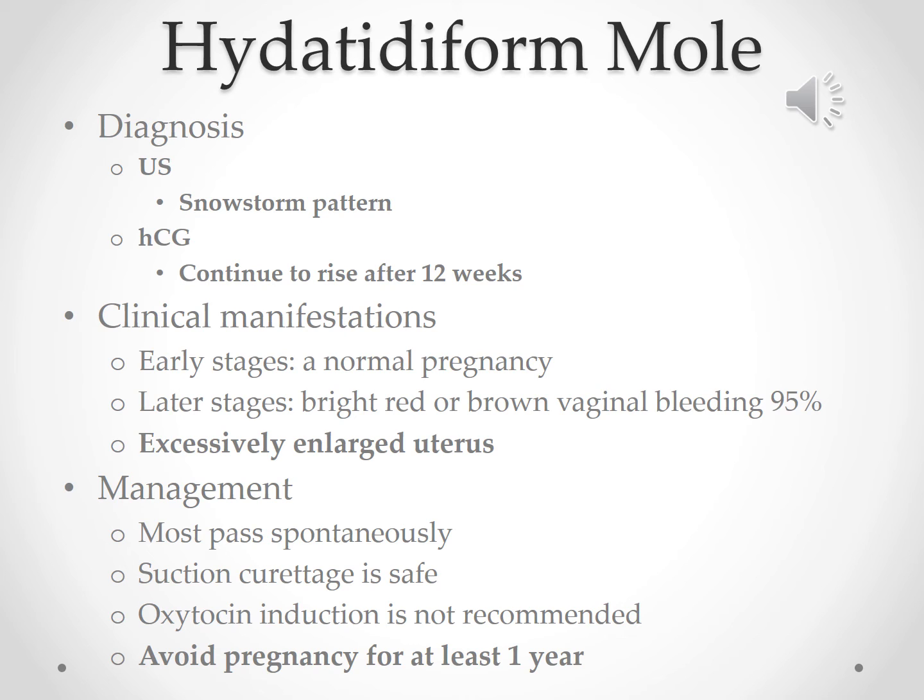It is critical, I'm saying this 3 times and 3 times again, critical to instruct the patient to avoid pregnancy for at least 1 year. Remember, the HCG is going to continue to rise in a molar pregnancy. If you've evacuated the pregnancy, then the HCG levels should be back to normal.